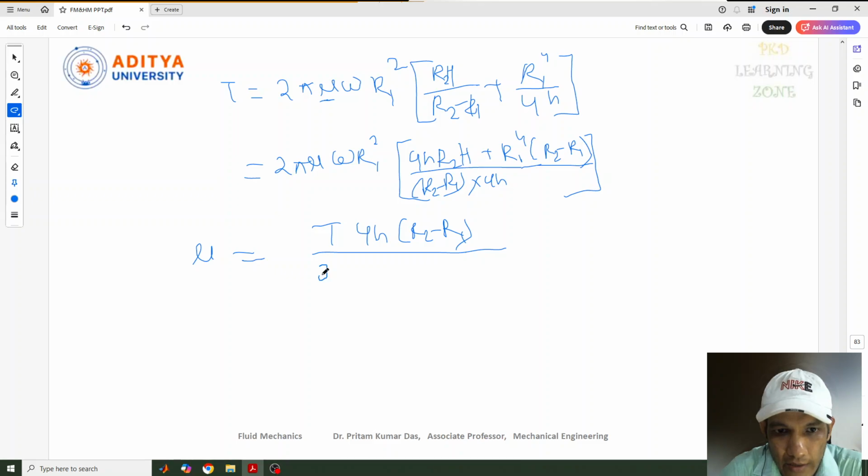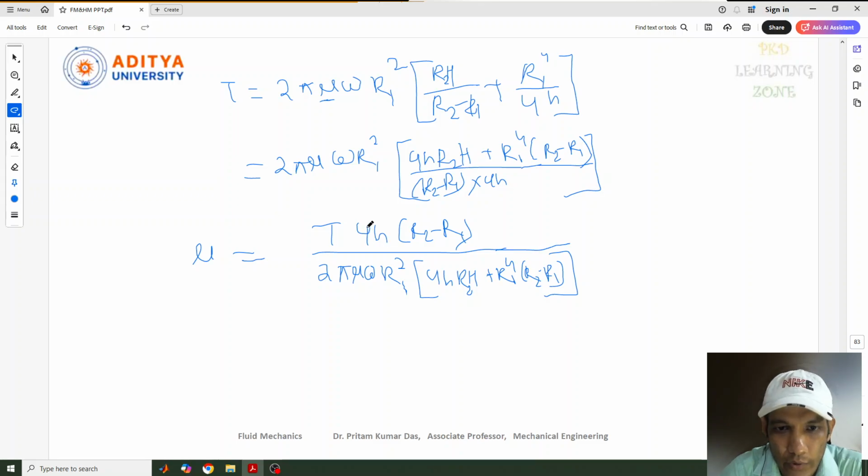Then here we consider 2 pi mu omega R1 square, bracket start. We can write this whole term here: 4H R2H plus R1 to the power 4, again bracket start, R2 minus R1 bracket close.